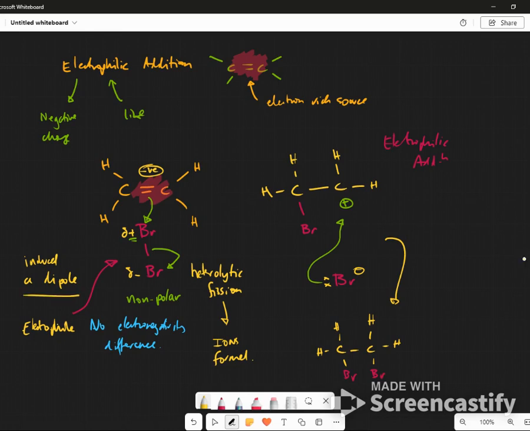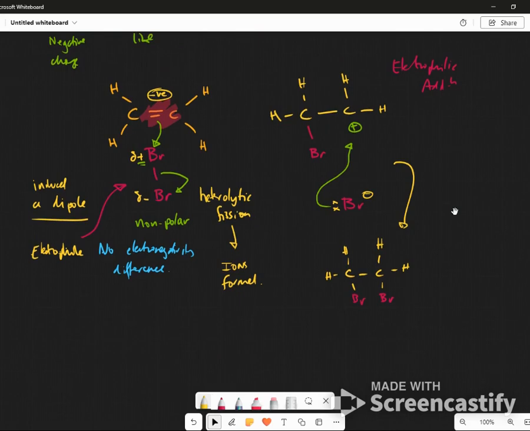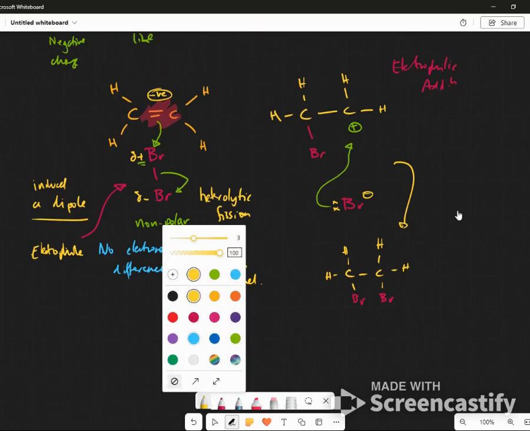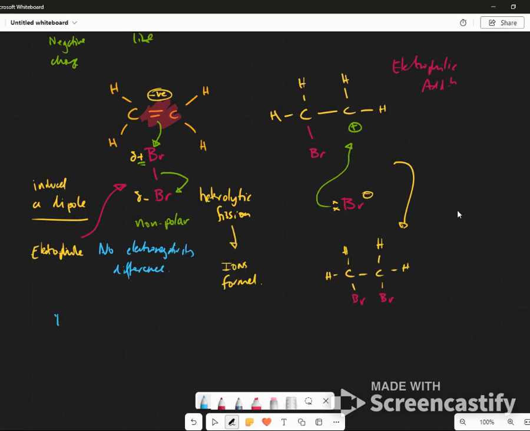Now, obviously, other electrophiles that we have to know in the course: what do we add across the double bond? Well, we add bromine. That's an easy one. We can add chlorine. We can add HCl, and we can add HBr. And we can also add water.